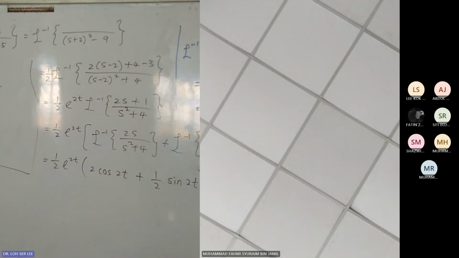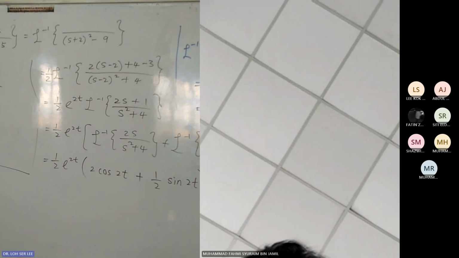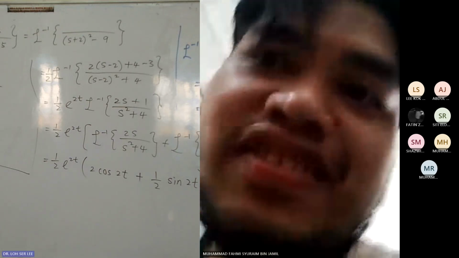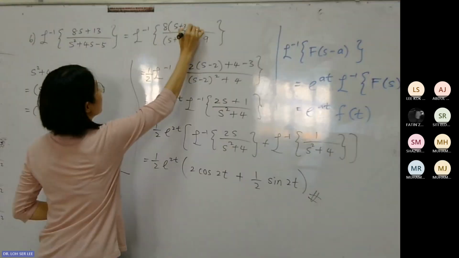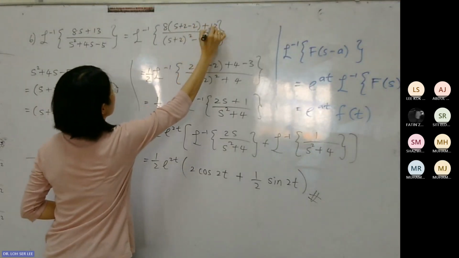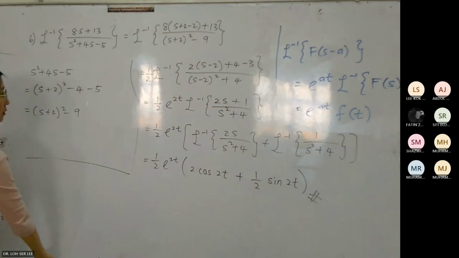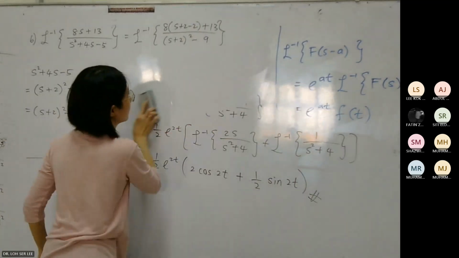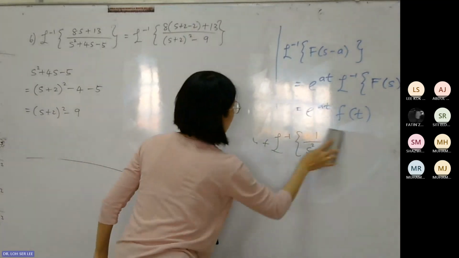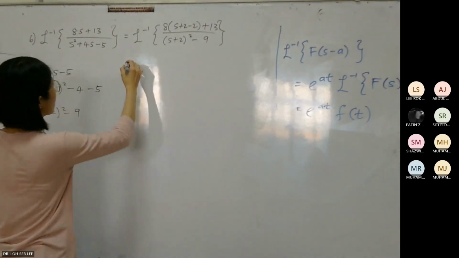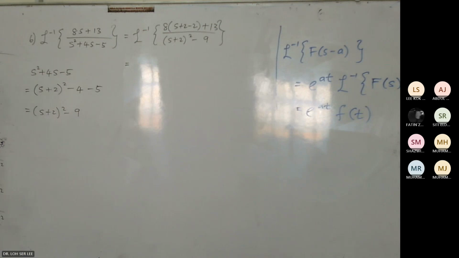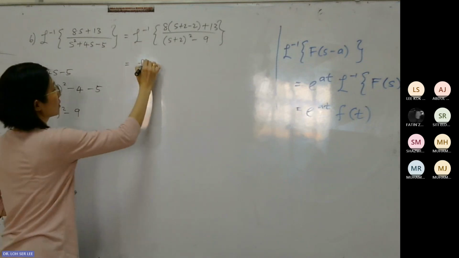Then we look at the function at the top. There is an s here. So 8(s plus 2) minus 2 plus 13. Okay, if you want to simplify first, you can simplify.